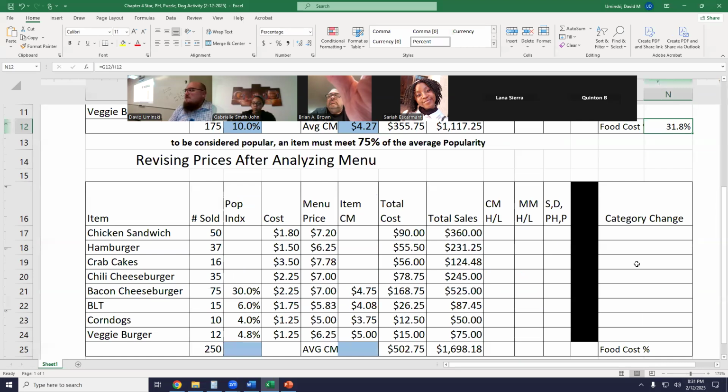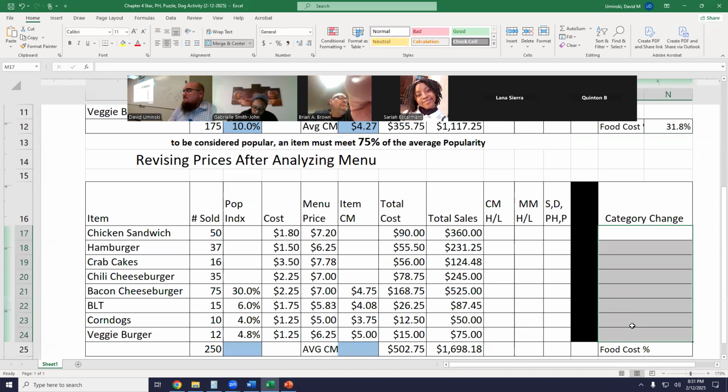So in a moment, you can do the next page, the next graph right below, the next chart. We're going to change some menu items. We're going to change some popularity. Okay? And it's going to change your menu categories. So on this category change here, if there is no category change, just write the word none.